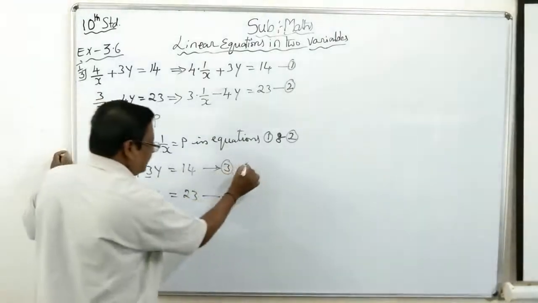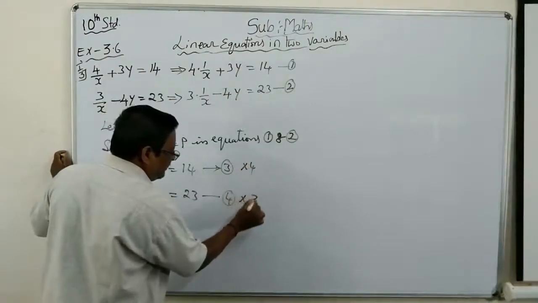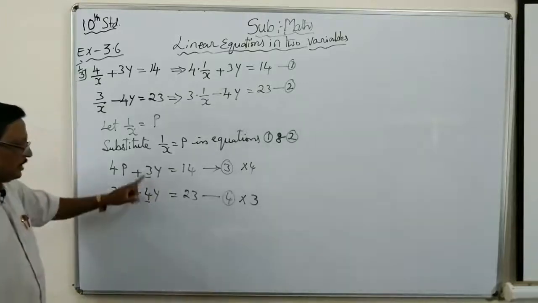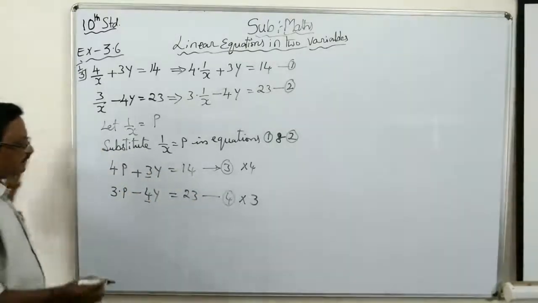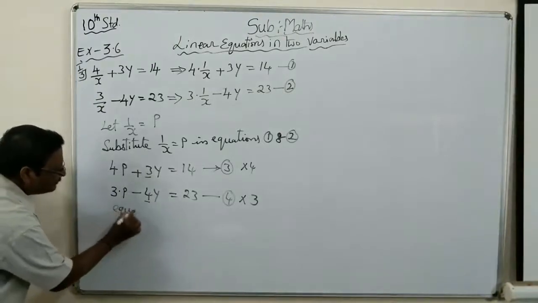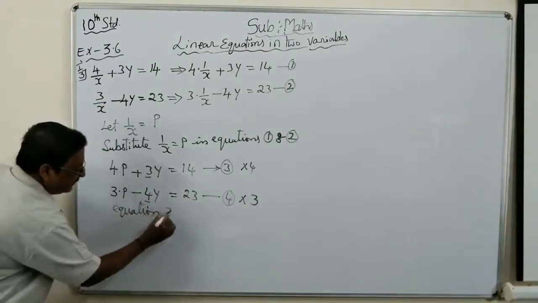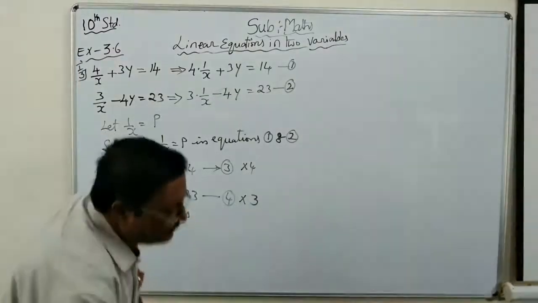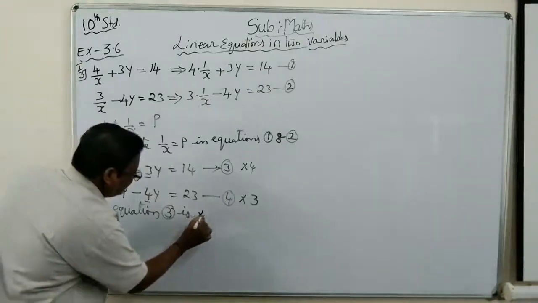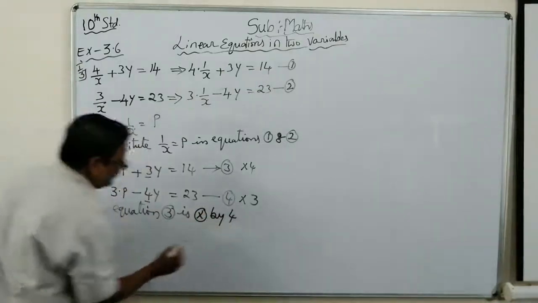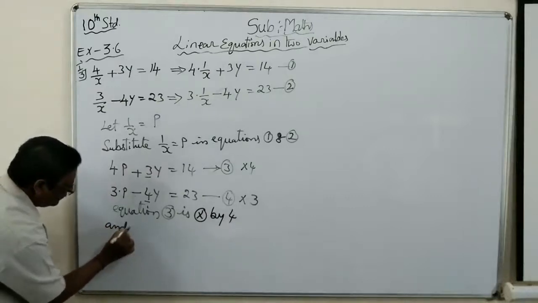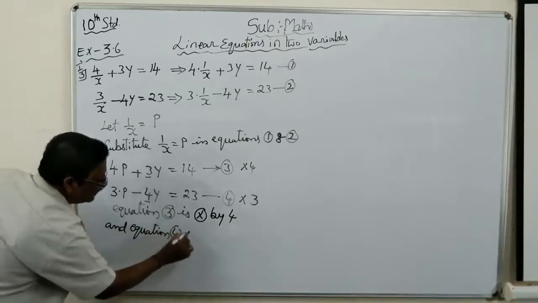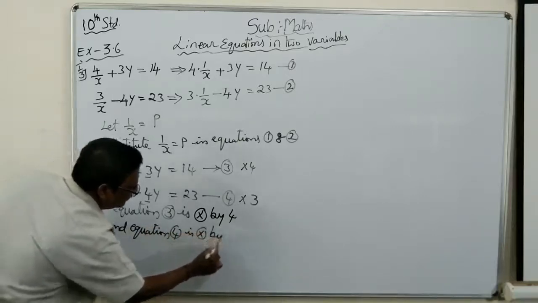It means equation 3 is multiplied by 4 and equation 4 is multiplied by 3.